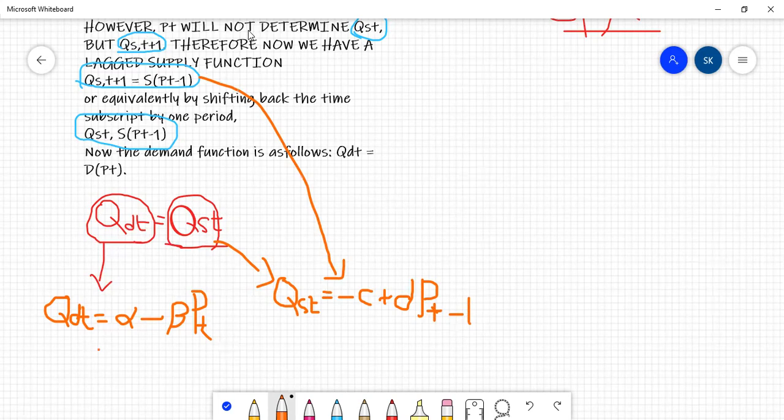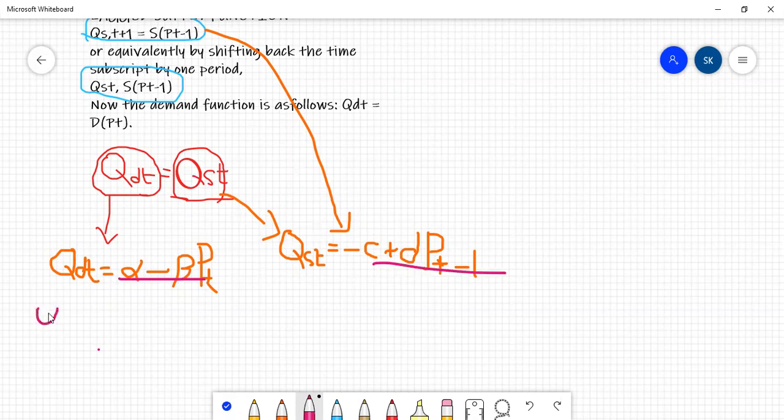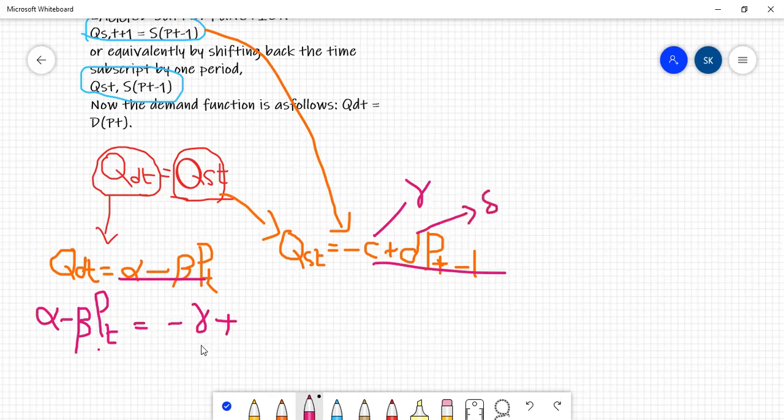By putting this value and this value into this particular equation, we get alpha minus beta pt is equal to minus c, or in place of this c, let us take this to be minus gamma, and let this d be sigma. Minus gamma plus sigma pt minus 1.